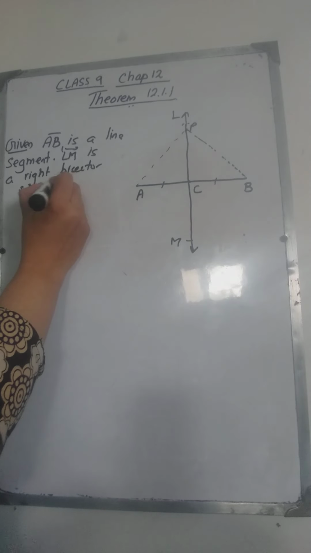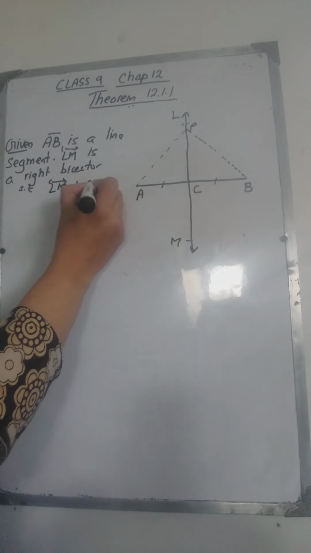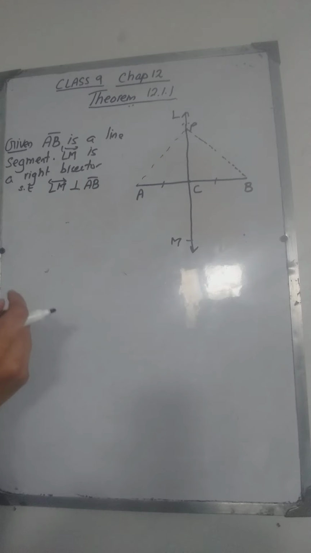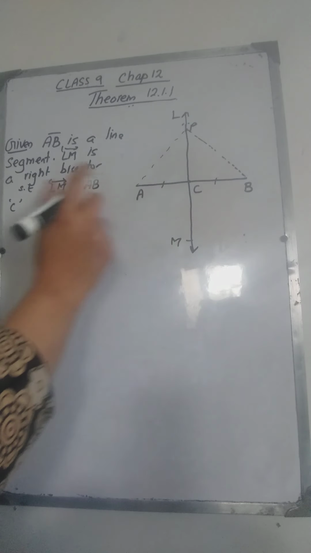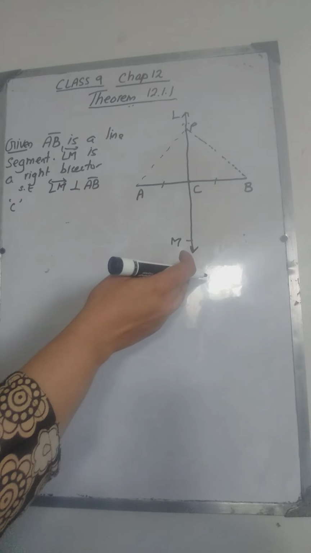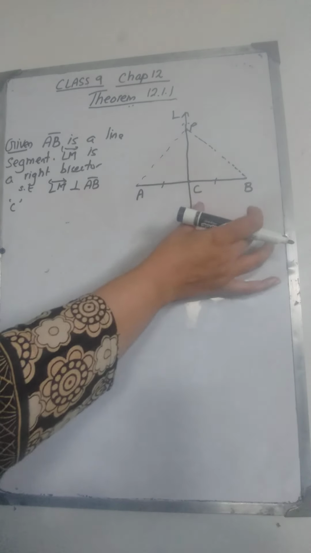LM, as it is a right bisector, obviously will be perpendicular to AB because of the definition of a right bisector. C will be the midpoint because this line is cutting AB at the point C. And as it is bisecting AB, therefore AC will be equal to CB.